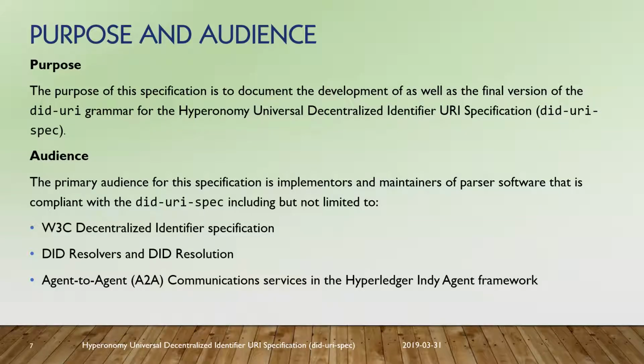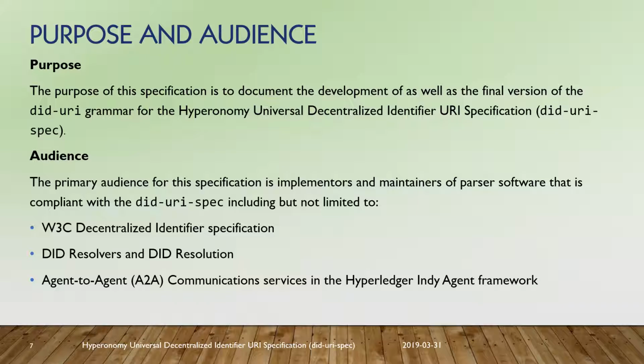So the purpose of this specification is to document the development as well as the final version of the did URL grammar for the Decentralized Identifier URL specification, did-url-spec for short. The primary audience is implementers and maintainers of parser software that is compliant with this spec.